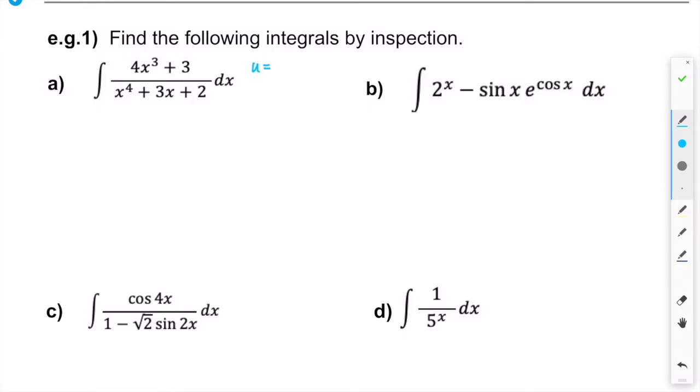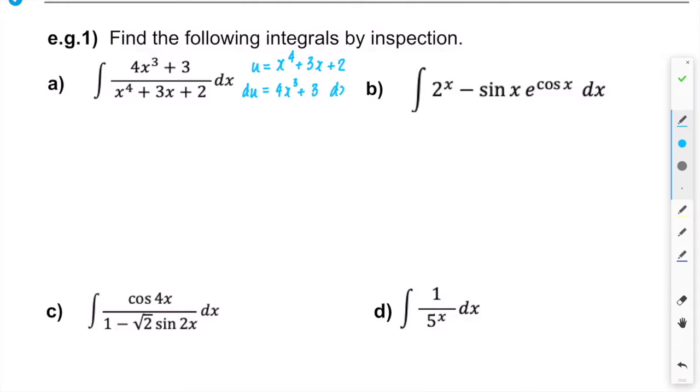I'm going to let u be x to the power of 4 plus 3x plus 2, the denominator. What is the derivative of this function? The derivative of this function, I'm going to call this du. I'm going to write dx on the other side though. 4x cubed plus 3.